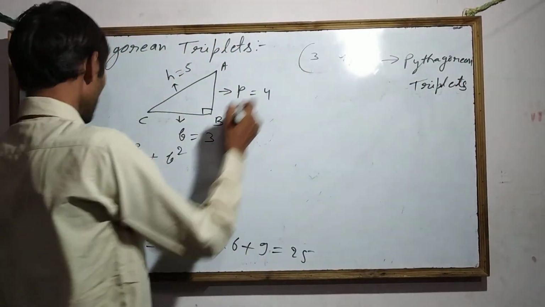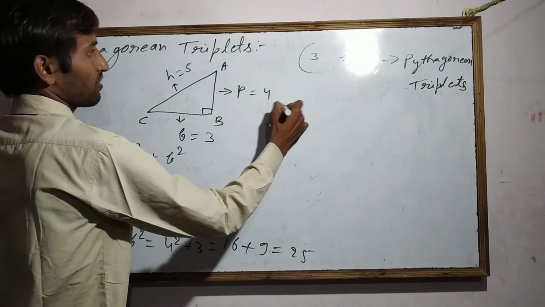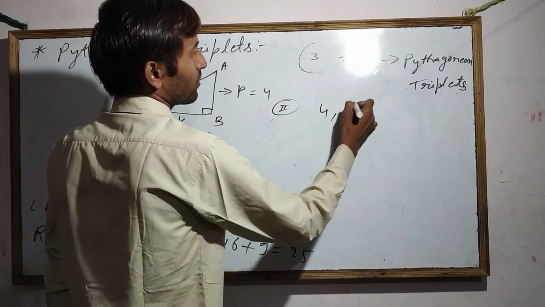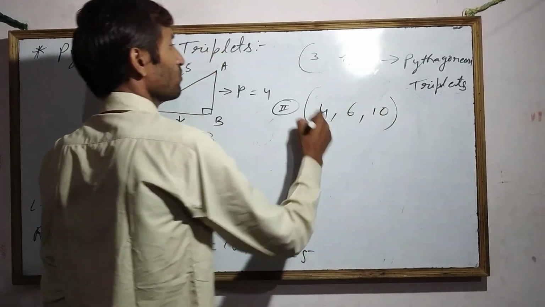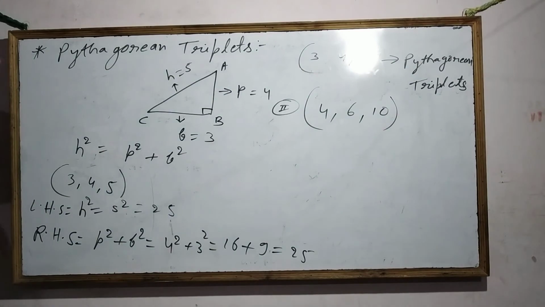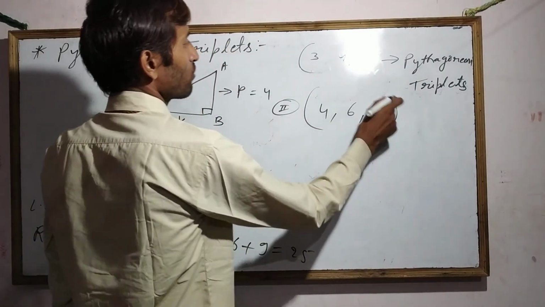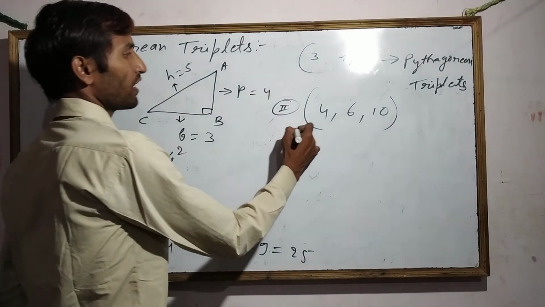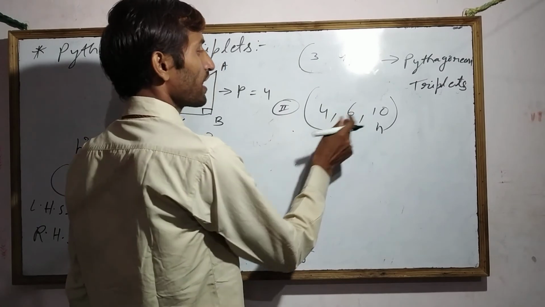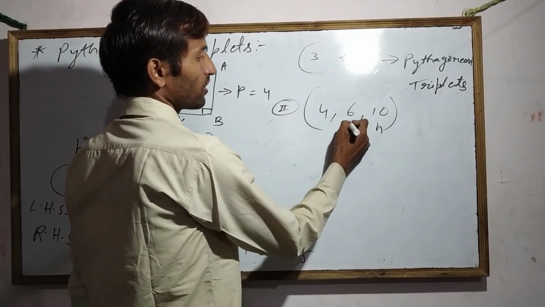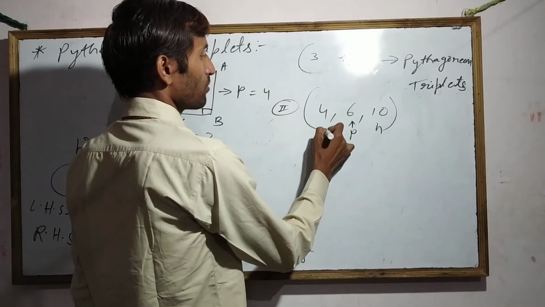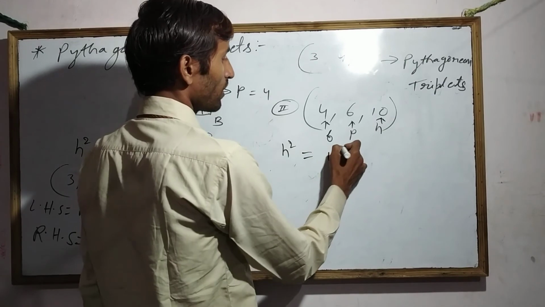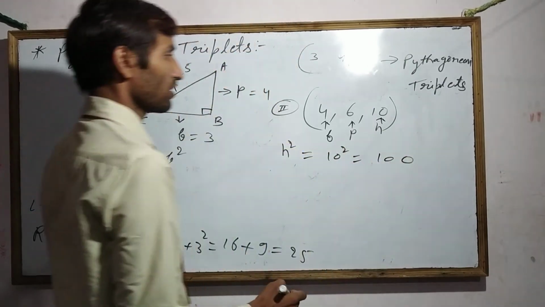Okay, next I will take the next example. The second one is 4, 6, 10. Just apply it in this form. This one is the highest, so you have to take it as the hypotenuse, and you can take the perpendicular and base either way. Now h square means 10 square, which is 100.